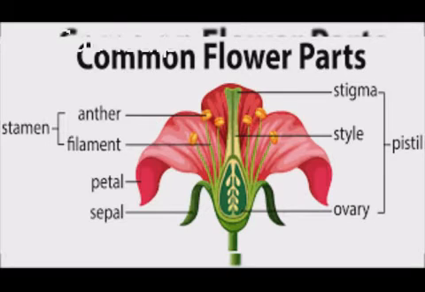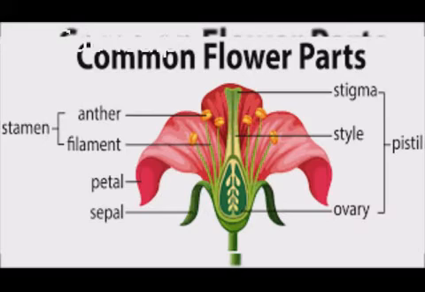A small round structure called stigma is at the top of the style. Ovary bears ovules. Each ovule contains a female gamete called egg. The inner two whorls of the flower, the androecium and the gynoecium, are the essential and the reproductive parts of a flower.